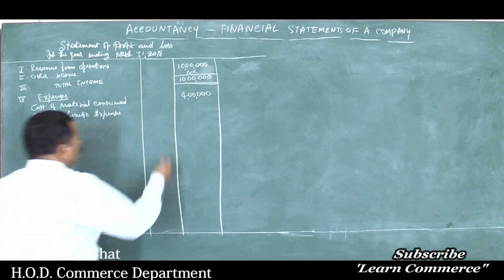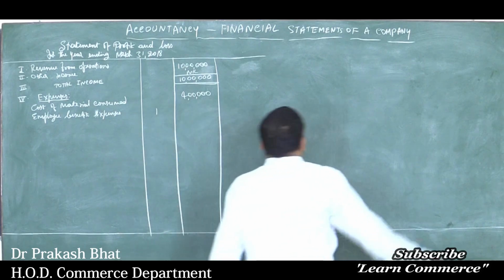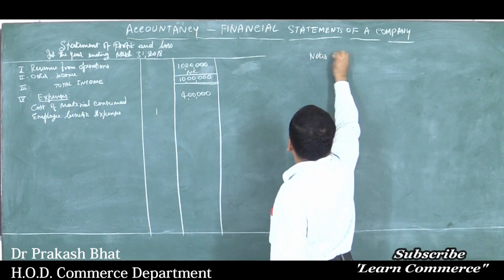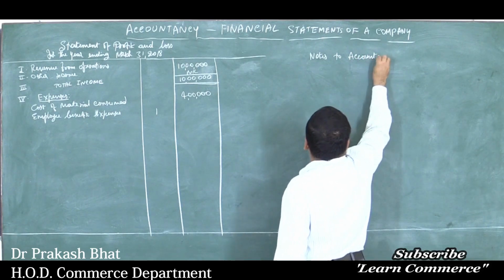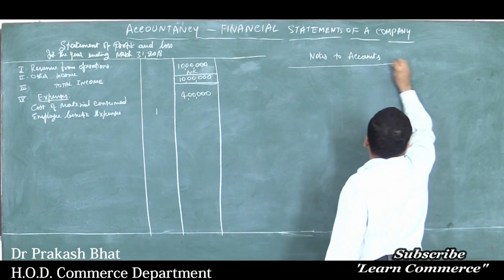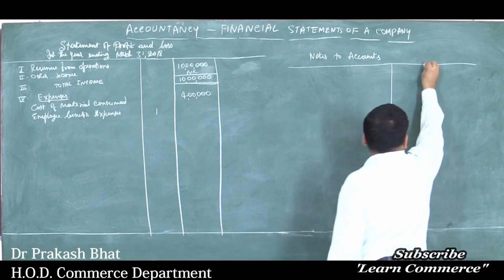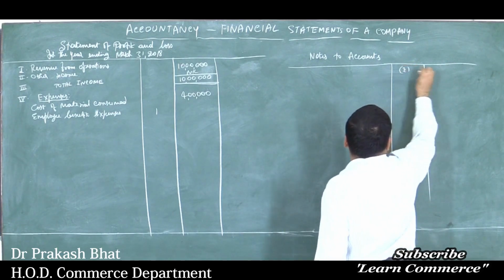We have to prepare a note for that because there are 2 items. Let us prepare it here. Notes to accounts. Under that, draw the columns like this: particulars, inner column, outer column, rupees, rupees.